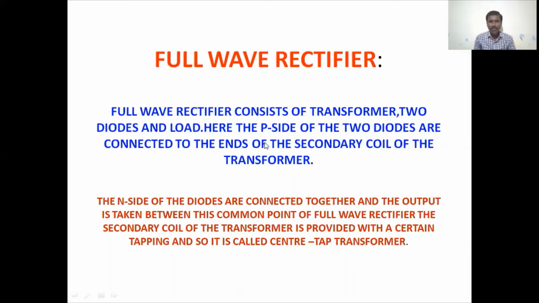Here, the P side of the two diodes are connected to the ends of the secondary coil of the transformer.